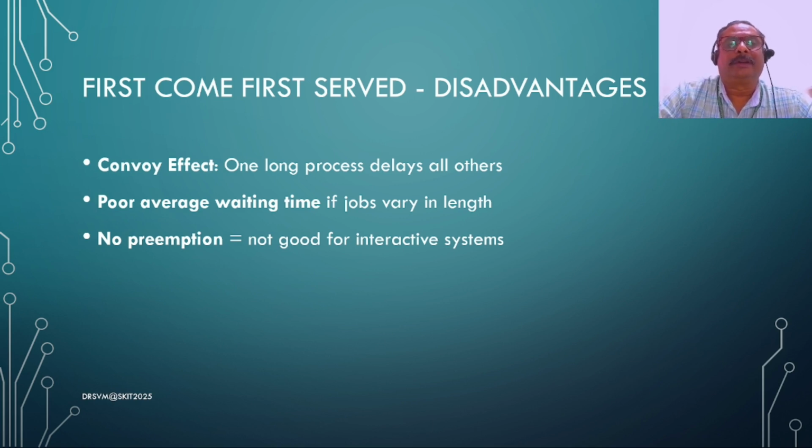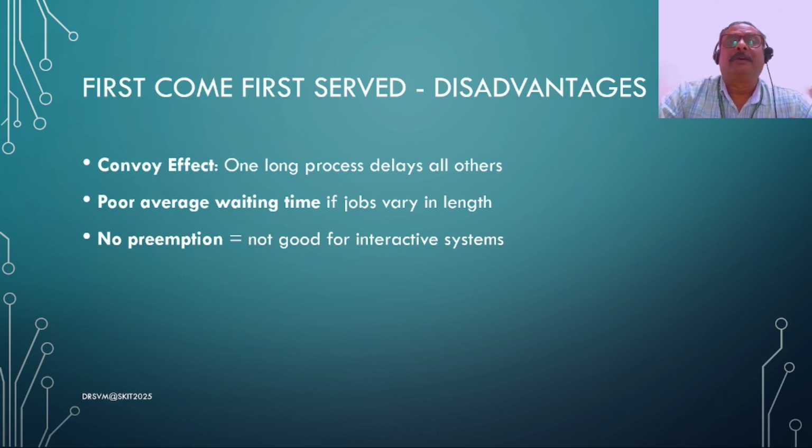And if you assume that our current system is working on non-preemptive scheduling, and the current job, whatever it is doing, is taking almost infinitely long time, then whatever you do, whether you hit the mouse button or the keyboard, it's not going to respond, because our processor is busy working with one process, and that one process is taking very long time.